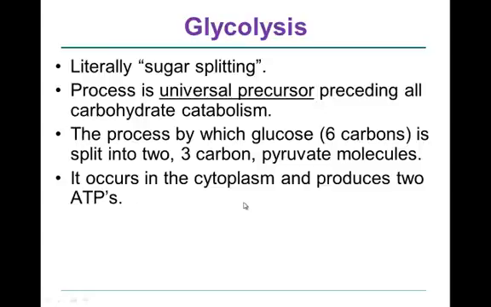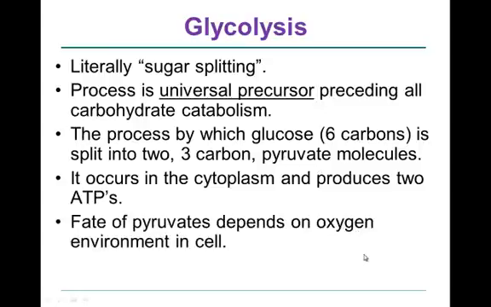So 2 ATPs come out of the process. And again, as I said, what happens to these pyruvates depends on the oxygen environment in the cell. And there are two possibilities. The oxygen environment can be anaerobic or aerobic. Anaerobic means lacking oxygen. Aerobic means oxygen is present.